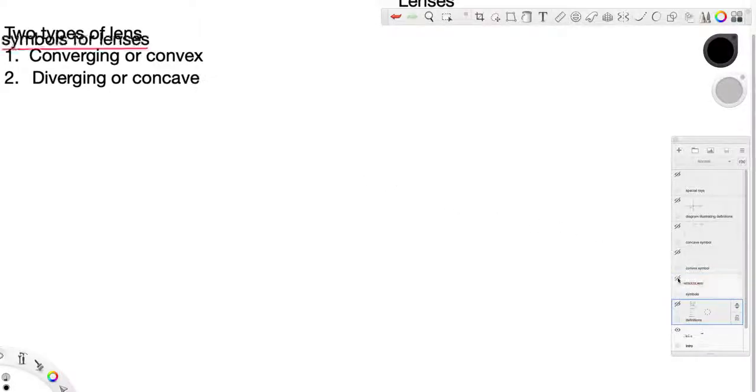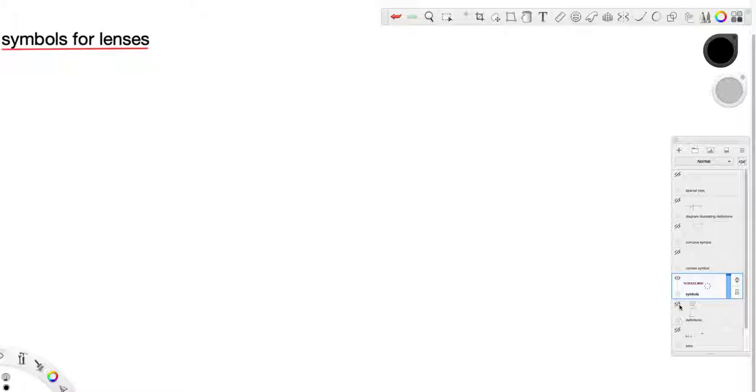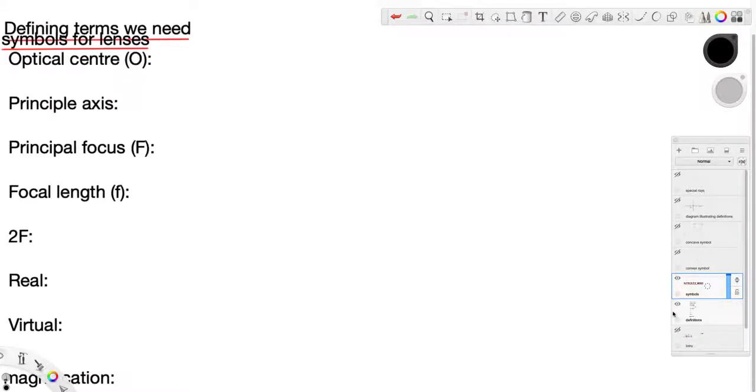But before we get into too much detail, let's define a few terms that we need. So, the optical center of our lens is the center of the lens.